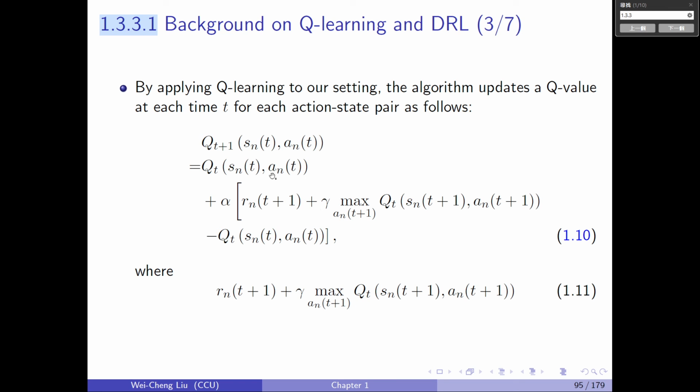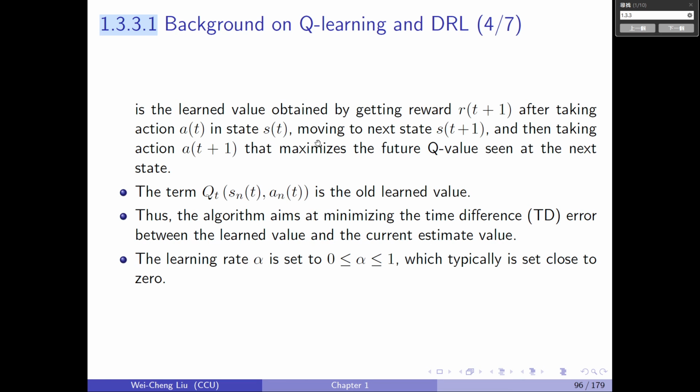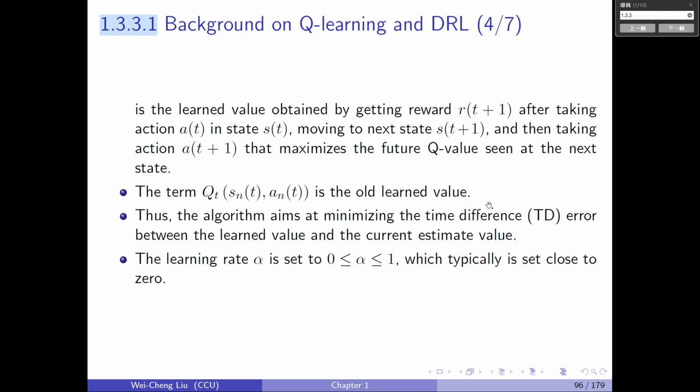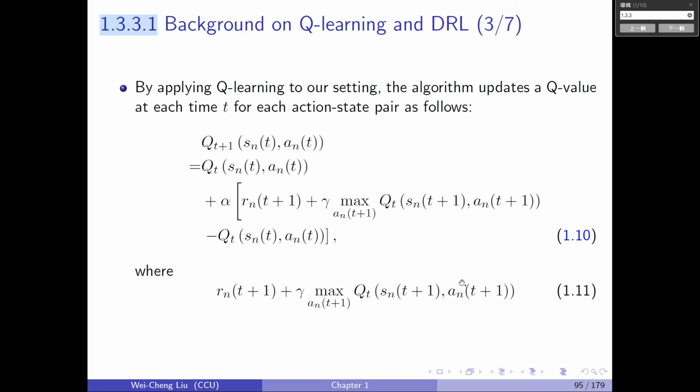This is the action A of t, and this is the state S of t. Moving to next state S of t plus 1, this is S of t plus 1. And then taking action A of t plus 1, this is A of t plus 1, and we need to take the maximum of this Q value over all possible actions An of t plus 1.